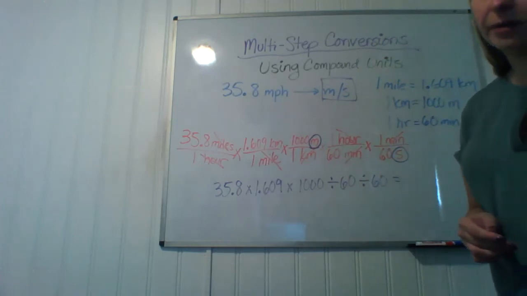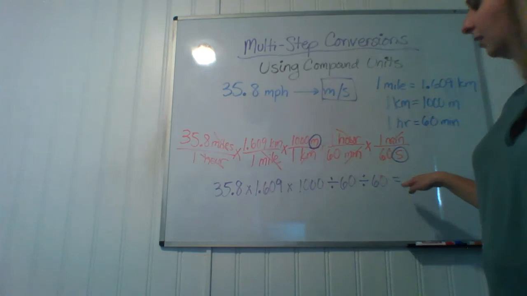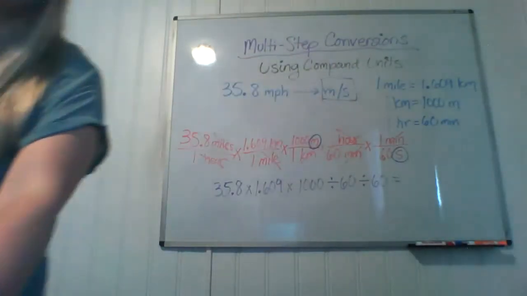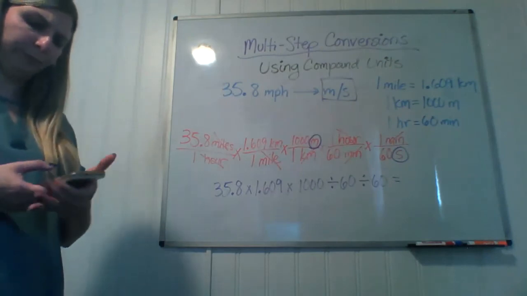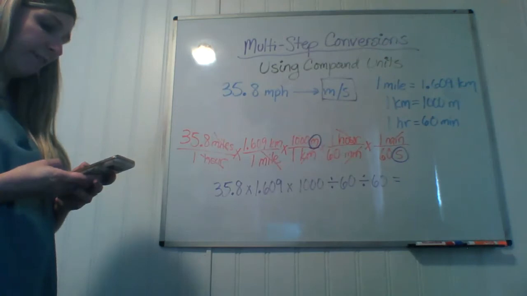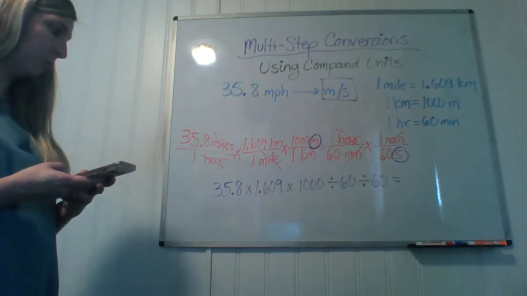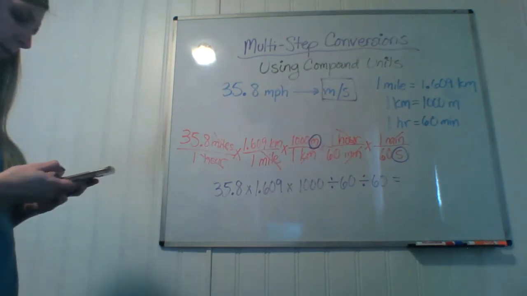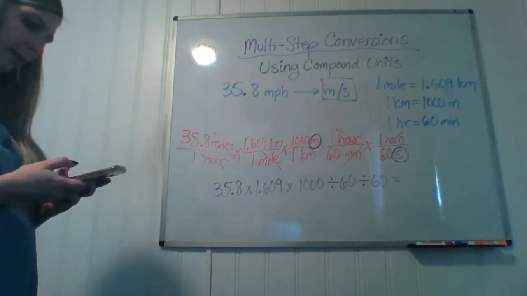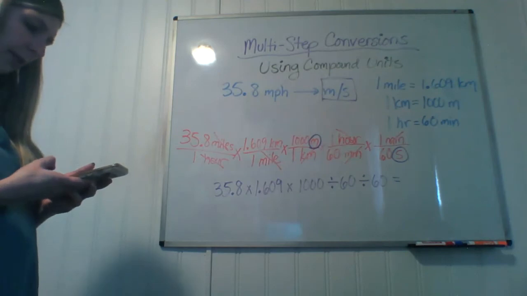So now it will be a matter of doing the calculation and solving, and then identifying what to round your digits to. So 35.8 times 1.609 times 1,000 divided by 60, divided by 60.